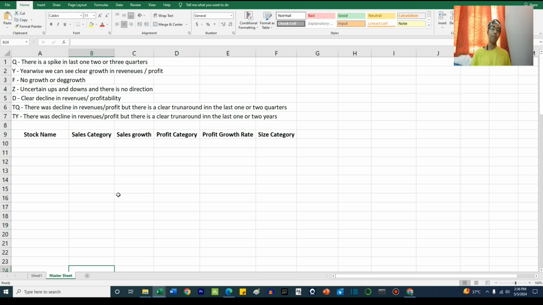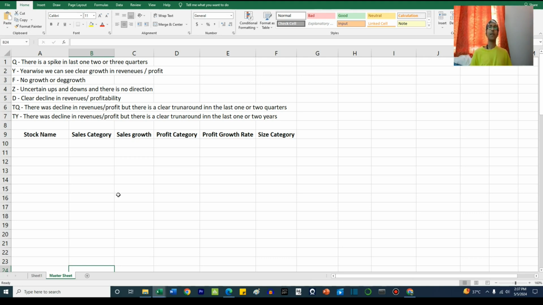They have restructured, or maybe they have figured out certain operational aspects which are benefiting them. Whatever the reason, it is up to us to verify what the reason is and how to go about it. But for whatever reason, the numbers are showing up there. So that is another category of companies.